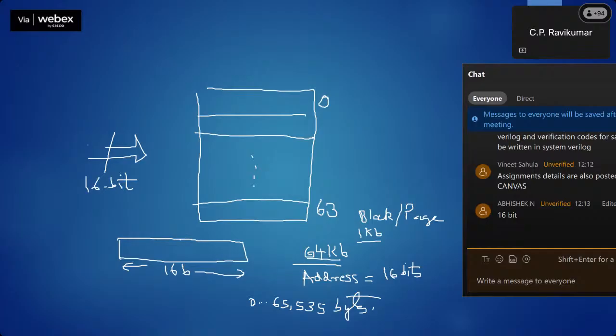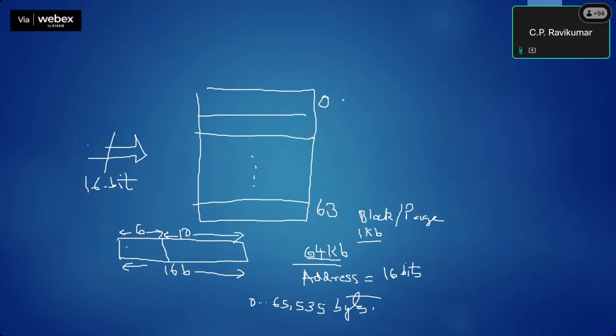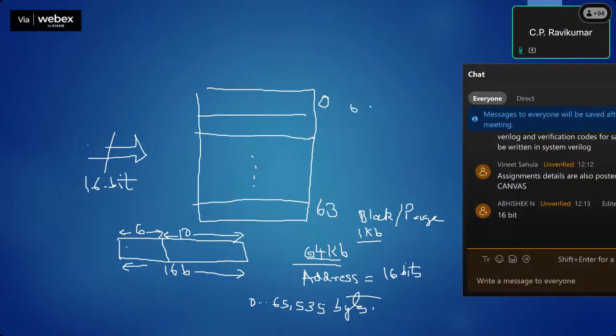Out of that, 10 bits will indicate the byte address, and 6 bits will indicate the page address, right, or the block address. So this particular block has the address 000000.